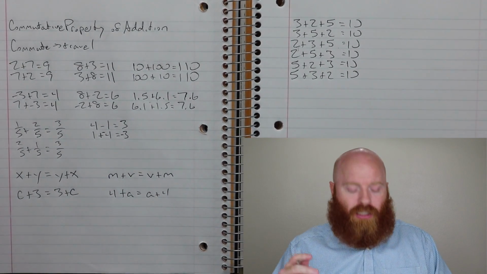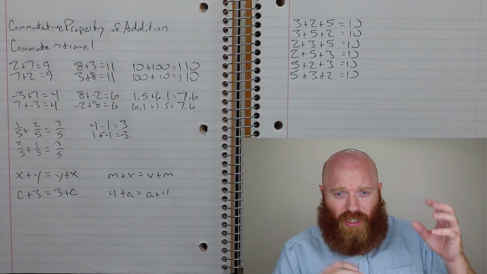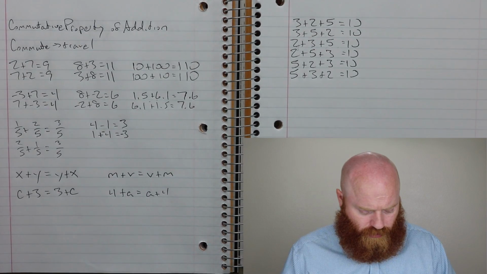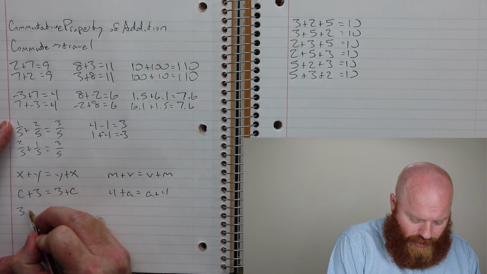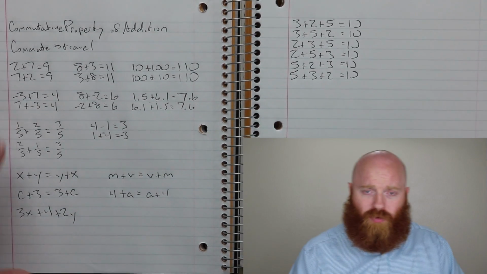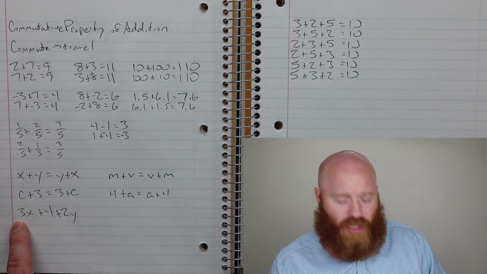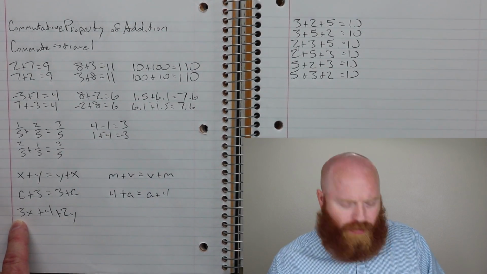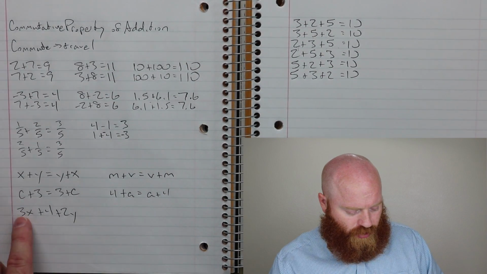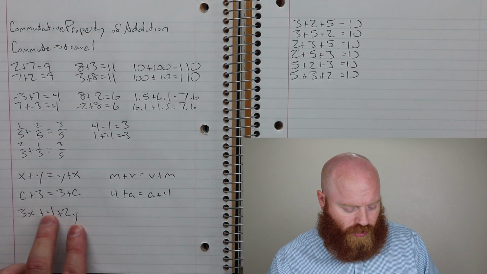What if you got all these X's and Y's and numbers and everything and you got them all like this? Guess what? I don't care. Let's try 3x plus 5 plus 2y. Can I commute that at all? Absolutely, you can. The commutative property of addition says you can switch the order of the numbers. So I can switch the 3x and the 5. I can switch the 2y and the 5.